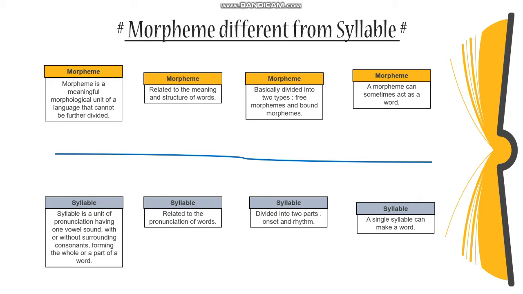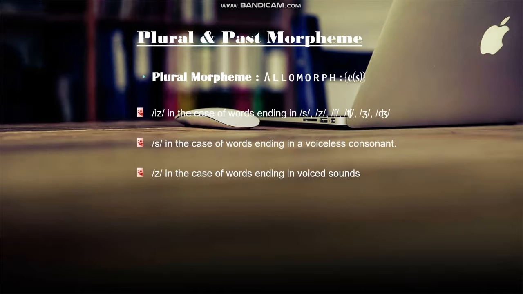Syllable is related to the pronunciation of words. Morpheme is basically divided into two types, free morphemes and bound morphemes. Syllable is divided into two parts, onset and rhyme. A morpheme can sometimes act as a word. A single syllable can make a word.